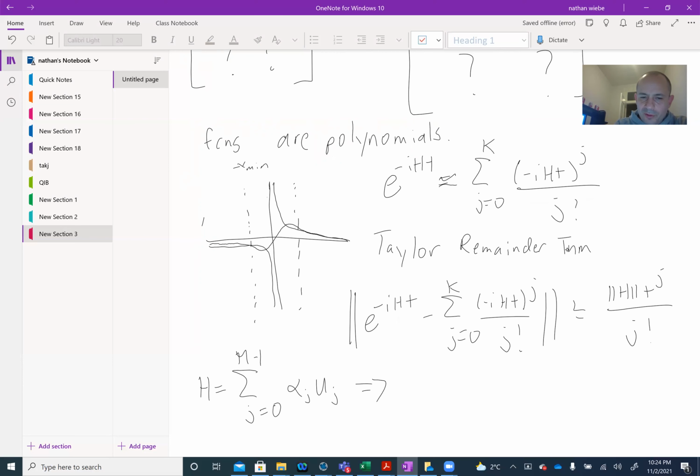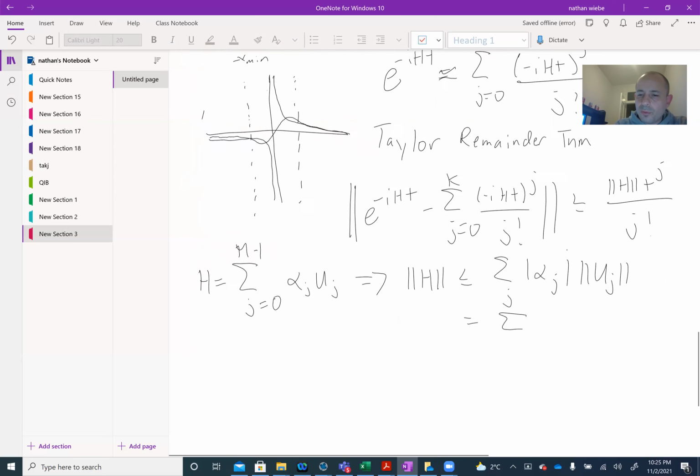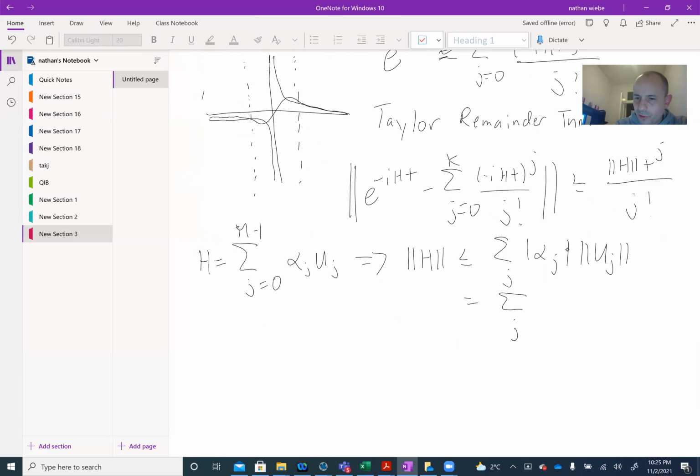And this implies that the norm of H, from a triangle inequality, is less than or equal to the sum over j of the absolute value of alpha j times the norm of U j. But because these are unitary, all of those norms are 1. And this becomes just the sum of the absolute value of alpha j. Of course, I didn't need the absolute value, I suppose, because we already assumed that it's positive, but we'll roll with it. So this is equal to alpha.